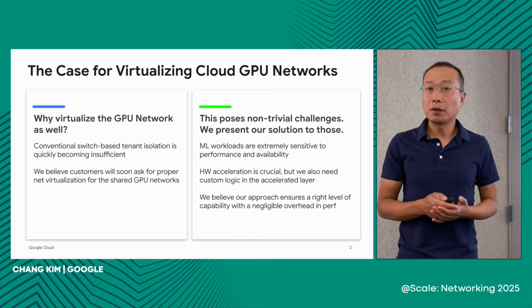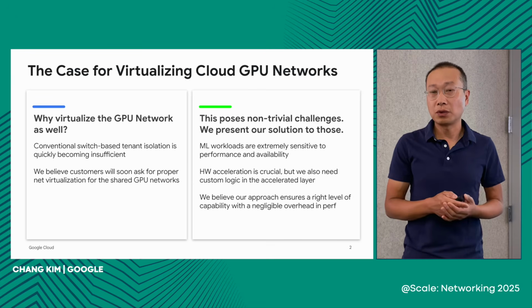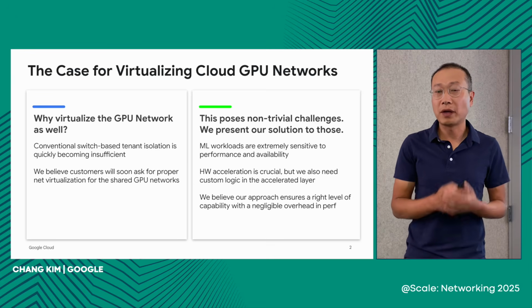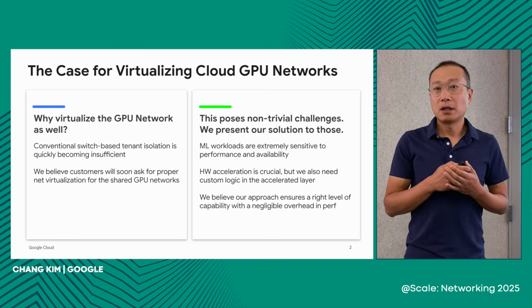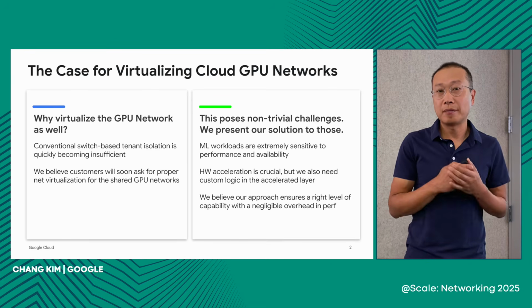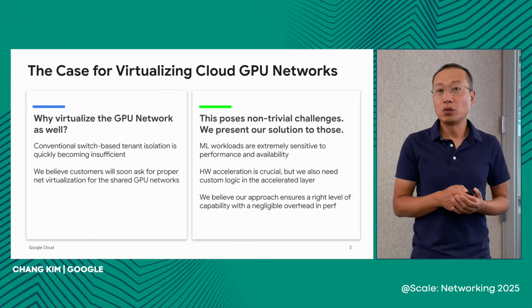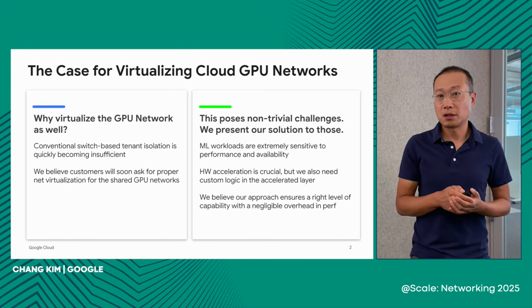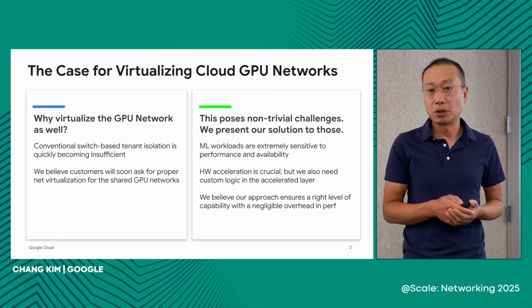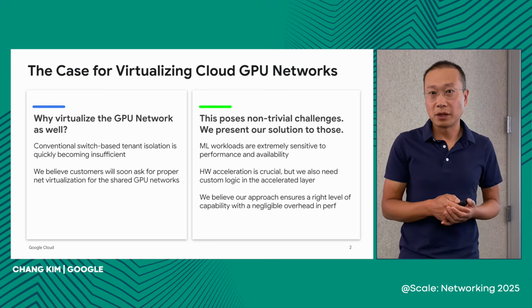But the key problem that we need to solve additionally today in the context of the GPU network is performance and availability. ML workloads are notoriously sensitive to latency and bandwidth, so we really have to make sure that there is very little overhead in those things. They're also very sensitive to loss of availability.